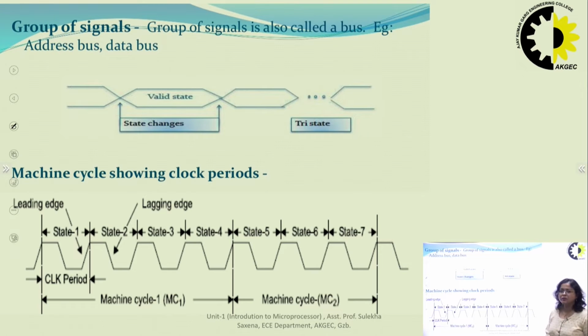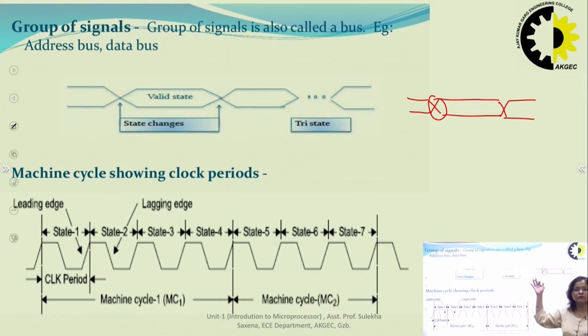For a group of signals, we use a double line and the change of bits will be shown by a cross. So all the buses will be shown like this, and when there is a valid value, it is shown by this cross symbol, which means some values have changed from 1 to 0 and some from 0 to 1. When there is a high impedance or tri-state, it is shown by dotted lines.